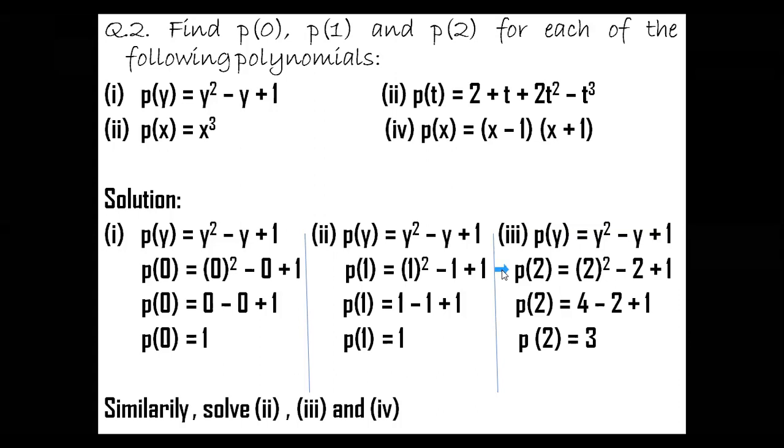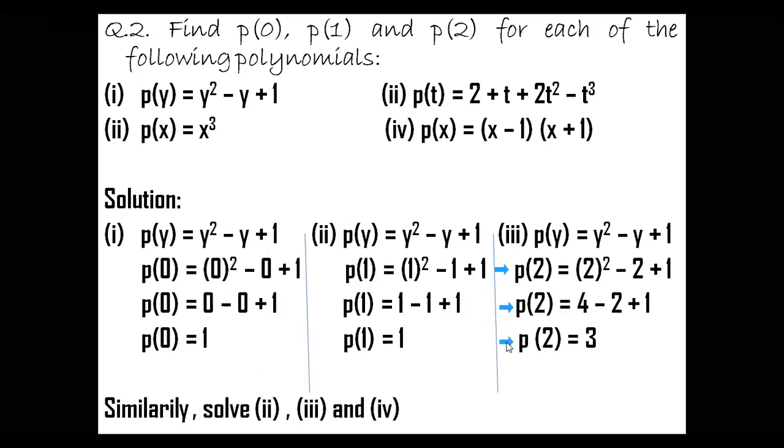So P of 2 will be equal to, instead of y square, I'll write 2 the whole square minus 2 plus 1. So all that I've done is simply replace y by the value of 2. So in the next step, when I solve it further, I shall get that P of 2 is equal to 2 square is 4 minus 2 plus 1. So 4 minus 2 happens to be 2. 2 plus 1 is equal to 3.